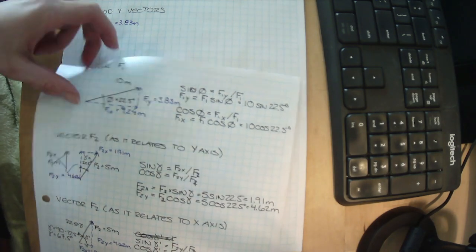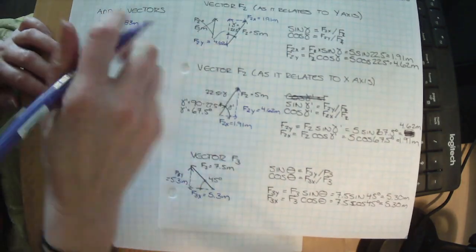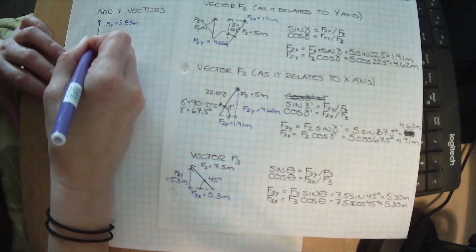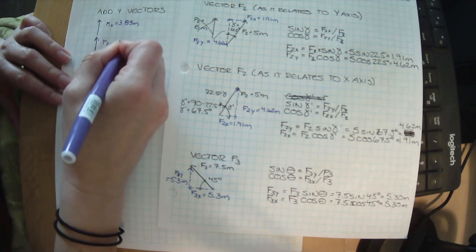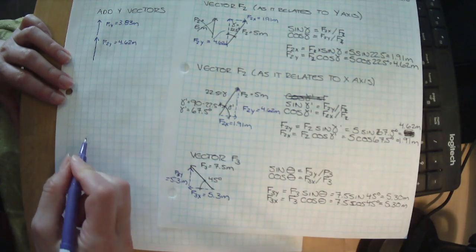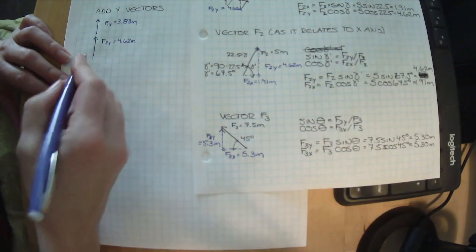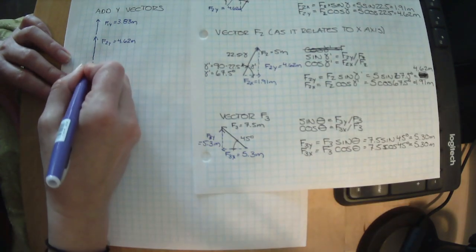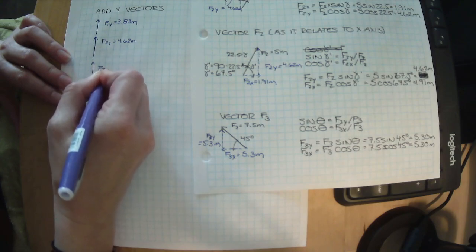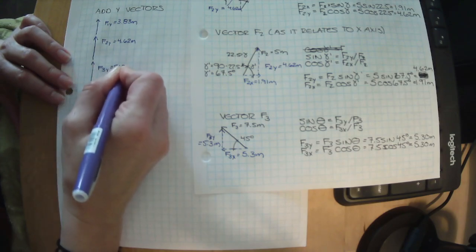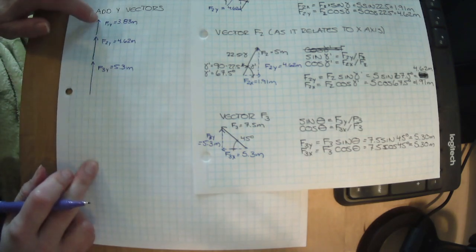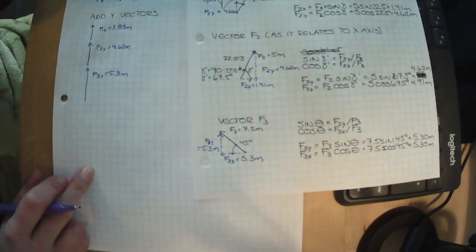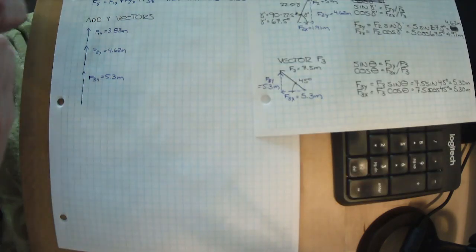F2y, which was down here, F2y equals 4.62 meters, and F3y equals 5.3 meters. So if we start here and walk all the way to here, our final point is right there.